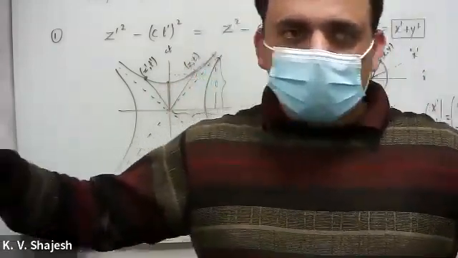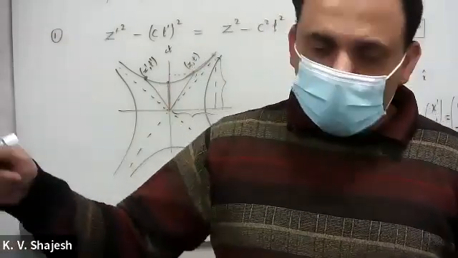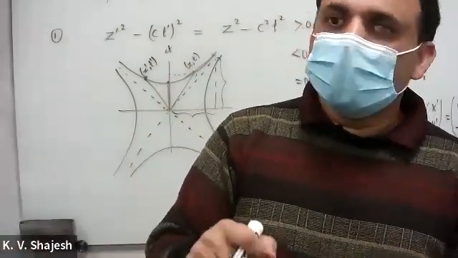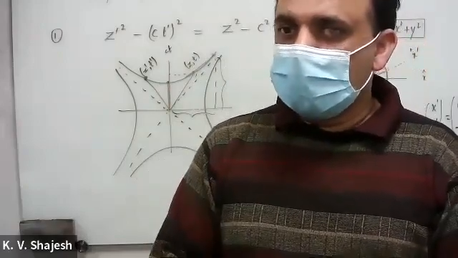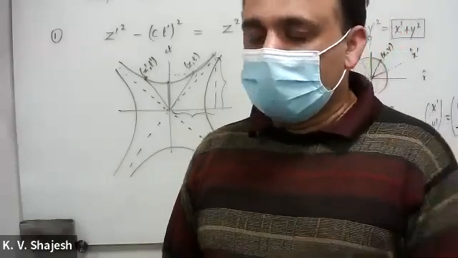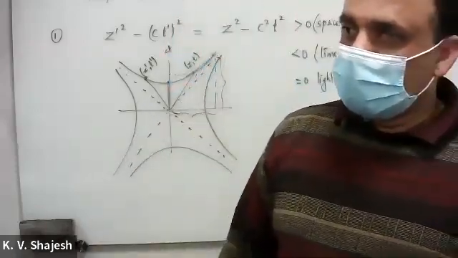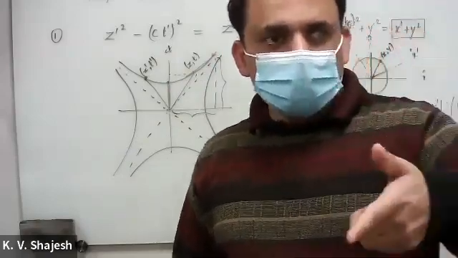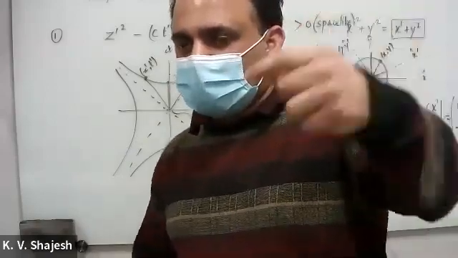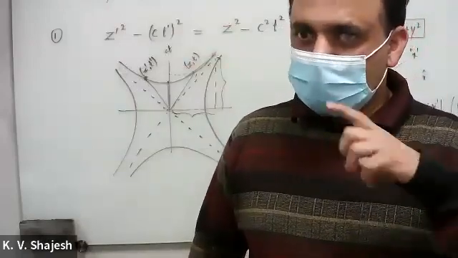If there are two events that occur, you can always find a frame in which the two events happen at the same position, but at different times. If they were local, or if they were causal, that means if the physics is obeyed, one happens after the other.